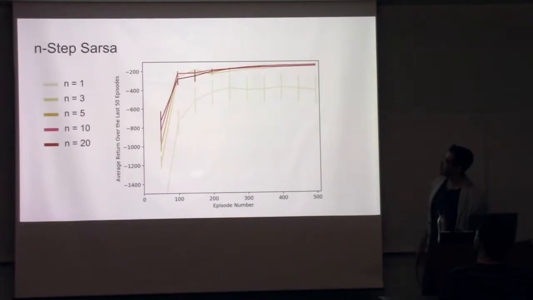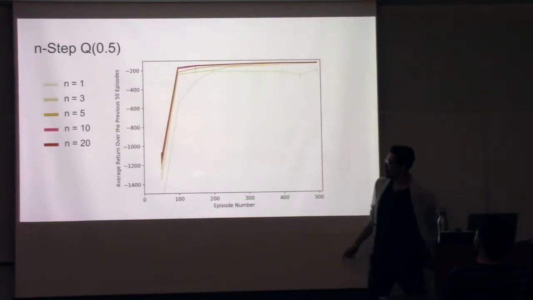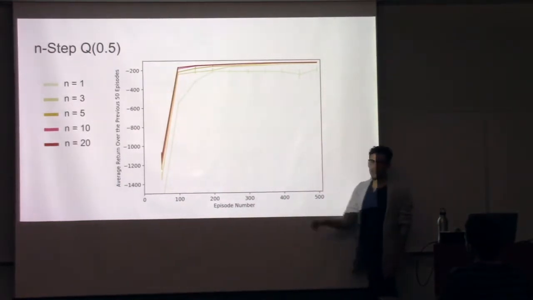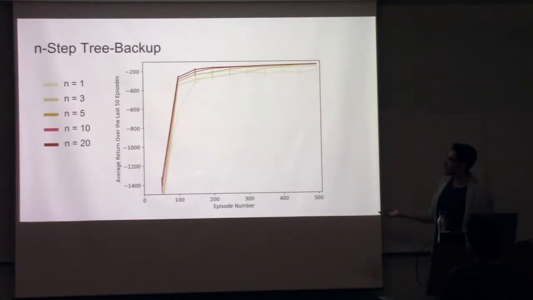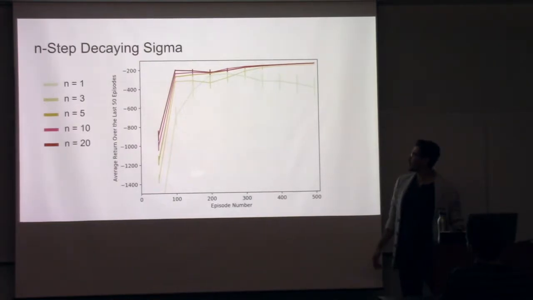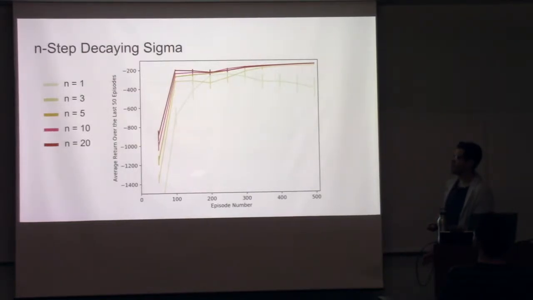Again, this pattern is the same in Q sigma 0.5. Having a longer backup helps you at the beginning, but at the very end, it doesn't make a lot of difference. Same with tree backup, and with Decaying Sigma as well. And again, on every single plot, a larger than 1 n helps performance at the very end.